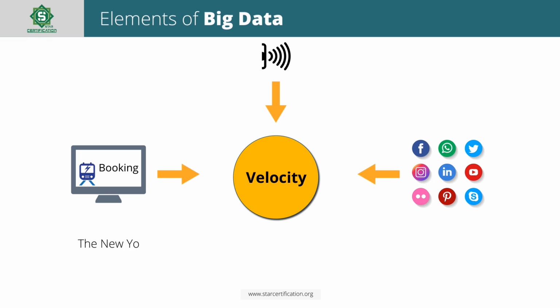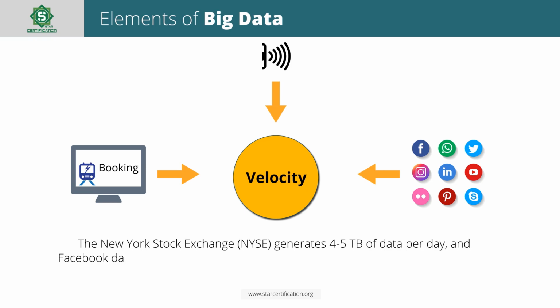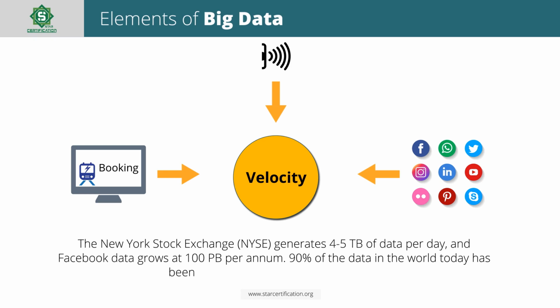For example, the New York Stock Exchange generates 4-5 TB of data per day, and Facebook data grows at 100 petabytes per annum. 90% of the data in the world today has been created in the last 2 years alone. It is equally important to manage this velocity.